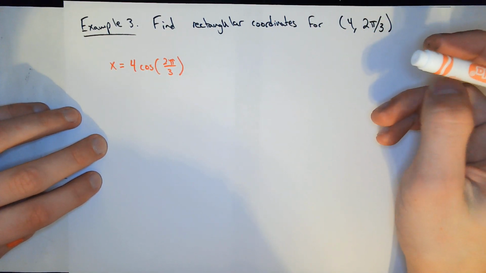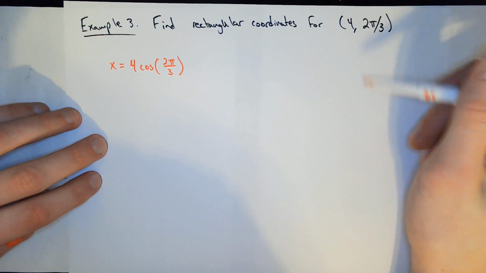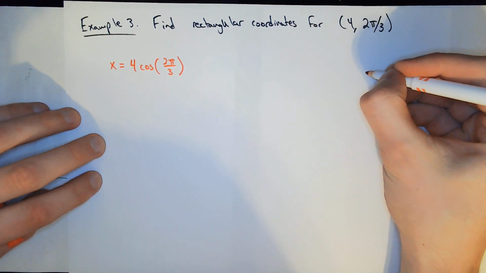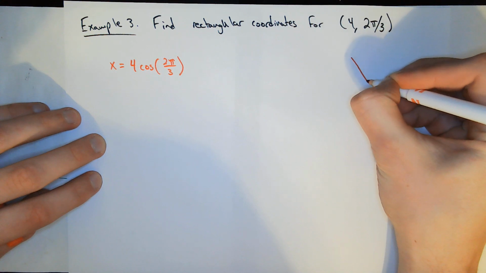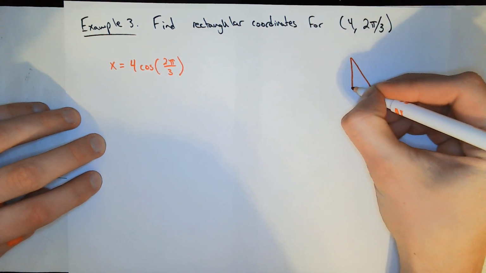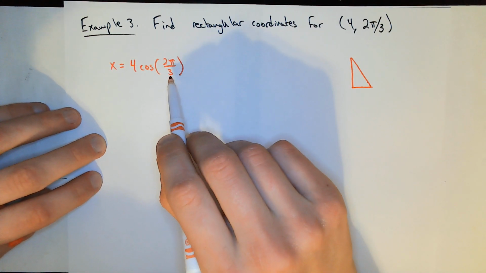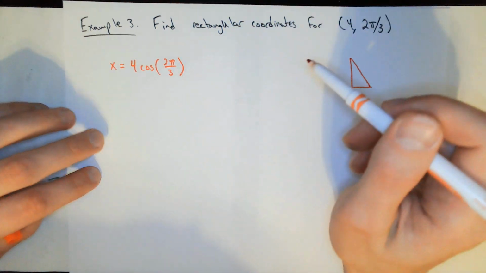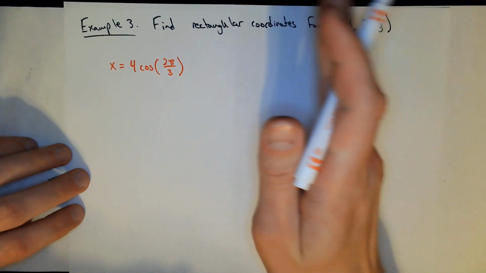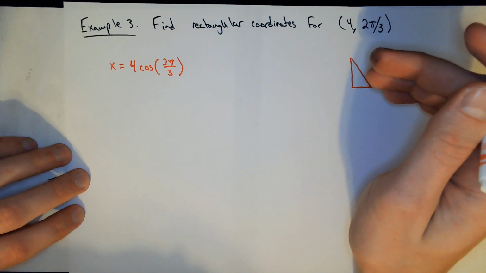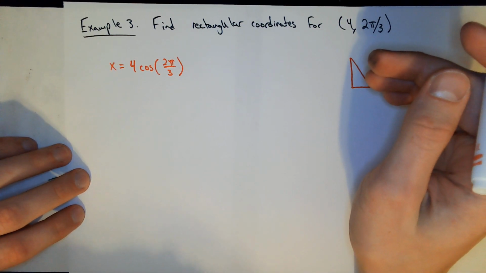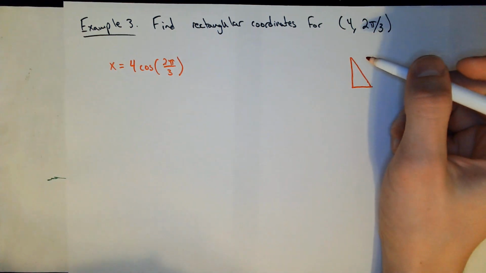So 2 pi on 3 is in the second quadrant, right? So maybe I'll orient it like this, just to remind myself that this should end up giving me a negative x value, because cosine is negative in the second quadrant. Okay.